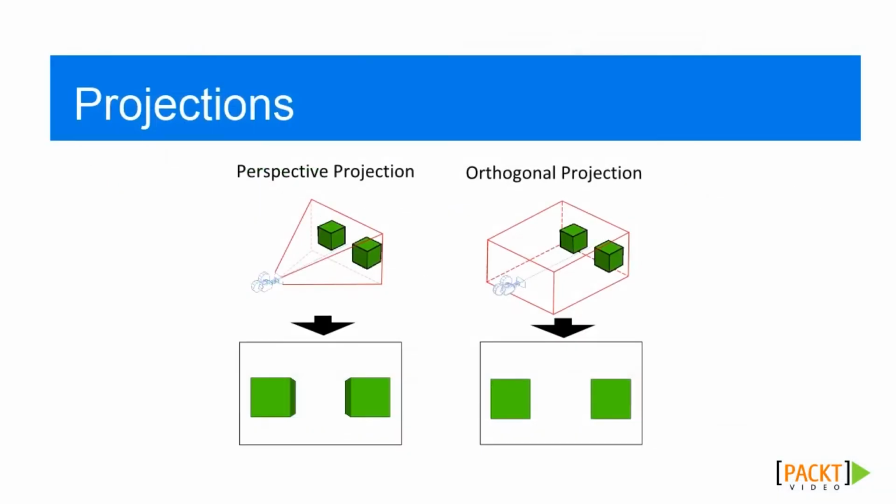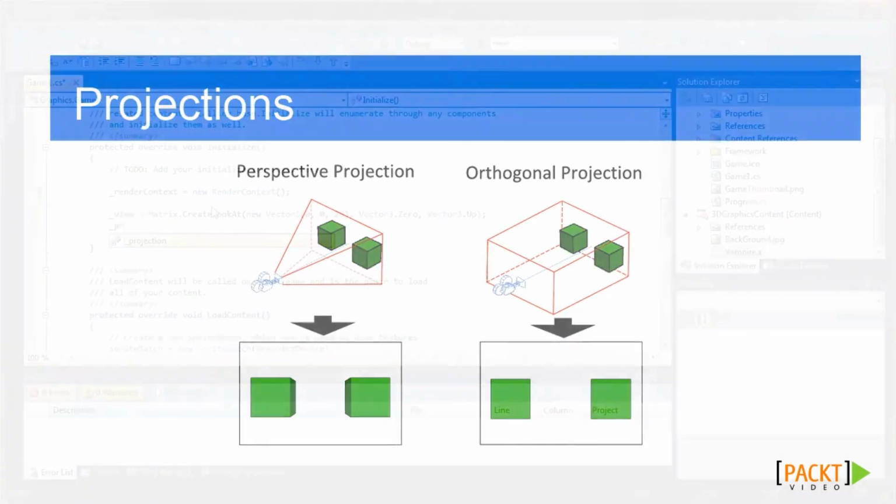For our projection, we can use perspective or orthogonal projection. With perspective, the size of the object changes depending on its depth. The further an object is away, the smaller it is. With orthogonal projection, an object still has the same size regardless of the distance. In this case, we will use an orthogonal projection.